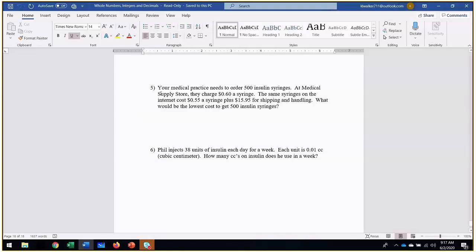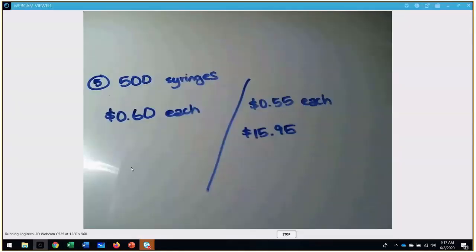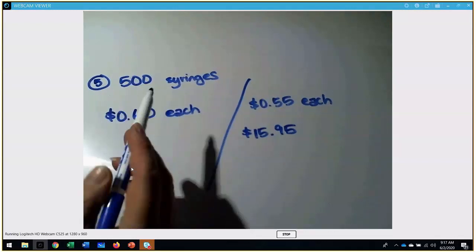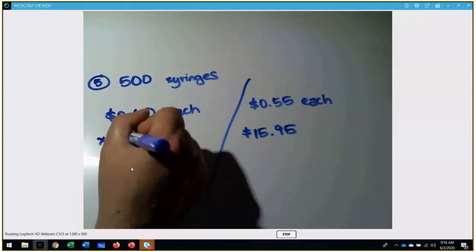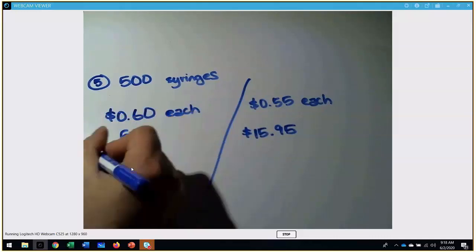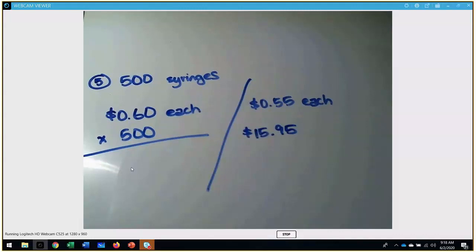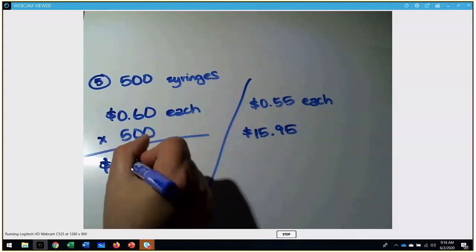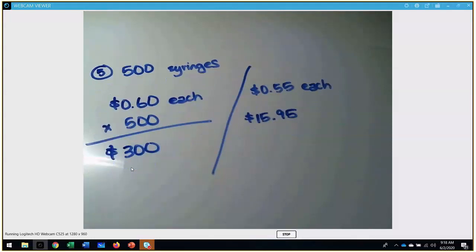All right, so let's compare the price. If it's 60 cents each, we're going to multiply that. Okay, so that will cost us $300.